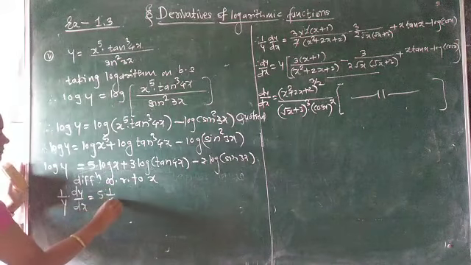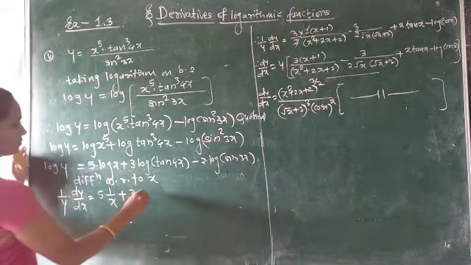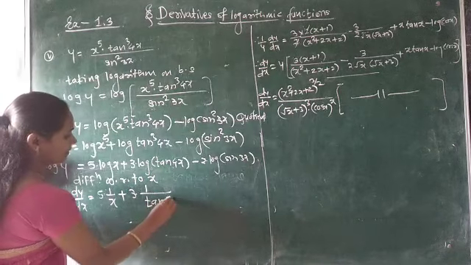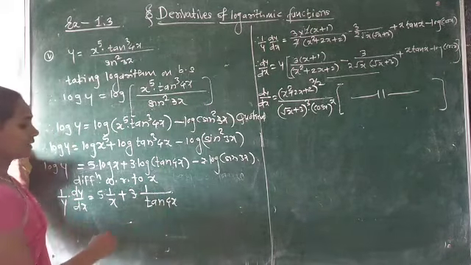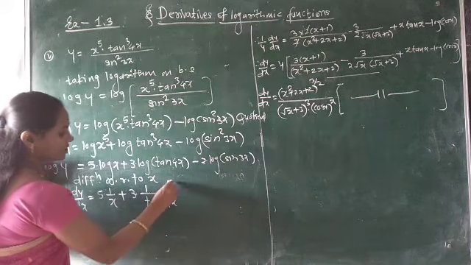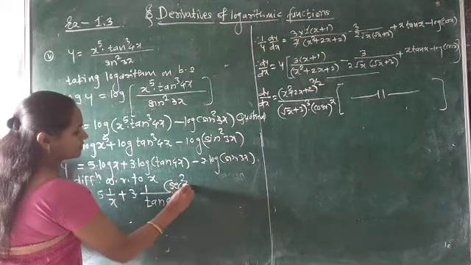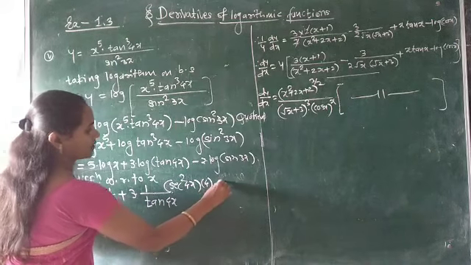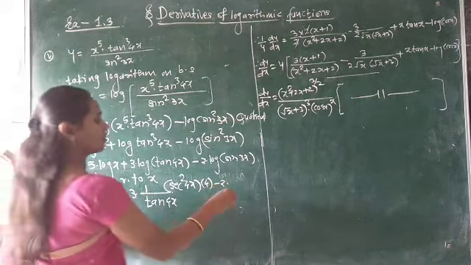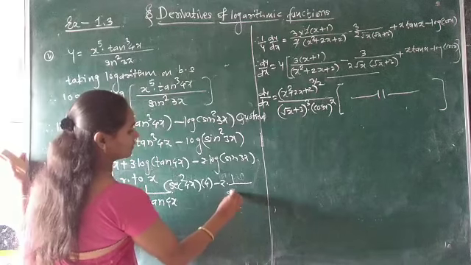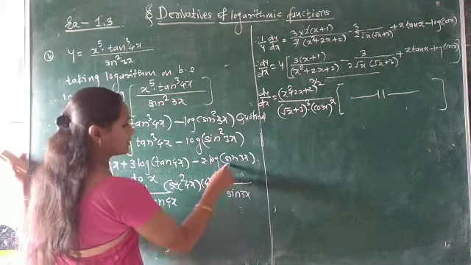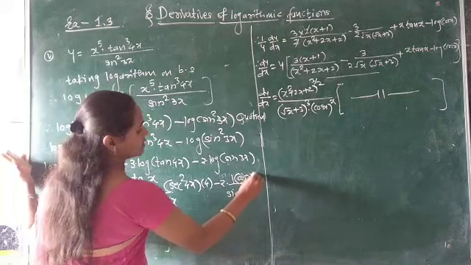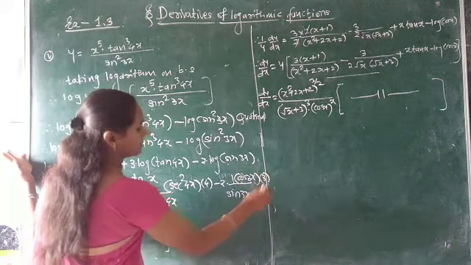Derivative of log x is 1 upon x. 3 into the derivative of log tan 4x, which is 1 upon tan 4x into the derivative of tan 4x, which is sec square 4x, and the derivative of 4x is 4, minus 2 into the derivative of log sine 3x, which is 1 upon sine 3x into the derivative of sine 3x, which is cos 3x, and the derivative of 3x is 3.